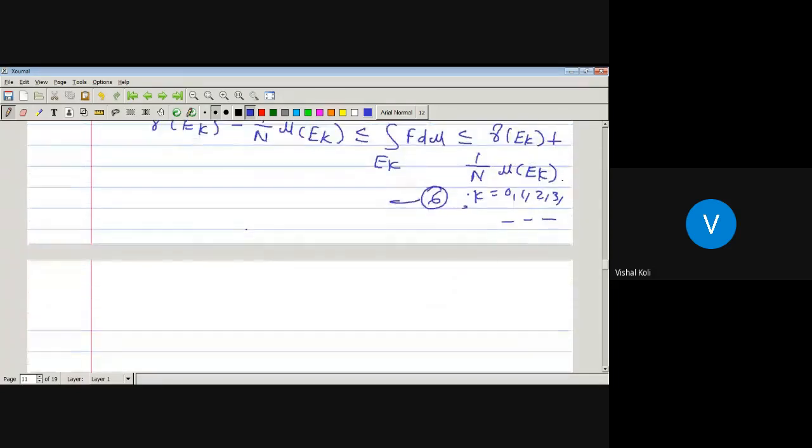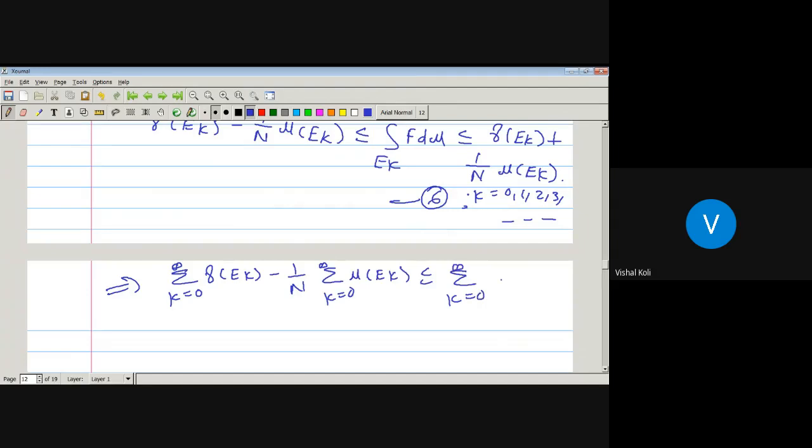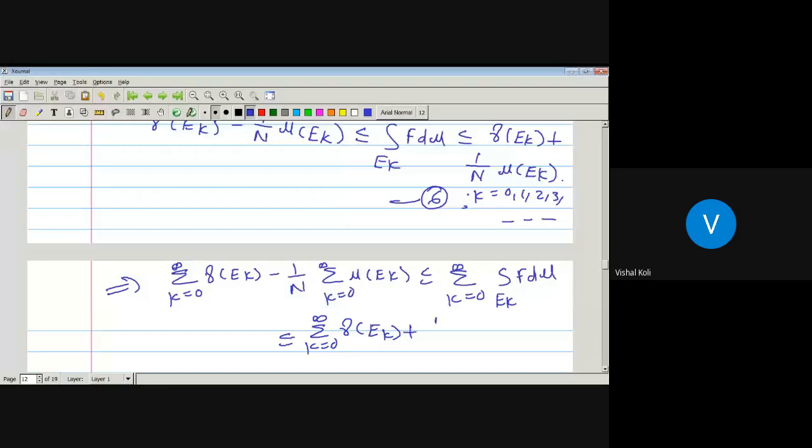Then after adding all these, we get summation k running from 0 to infinity of gamma of ek minus (1/n) times summation k running from 0 to infinity of the measure of ek, which is less than or equal to summation k running from 0 to infinity of the integration over set ek of f d mu, and which is less than or equal to the sum of gamma of ek plus (1/n) times summation k running from 0 to infinity of the measure of ek.